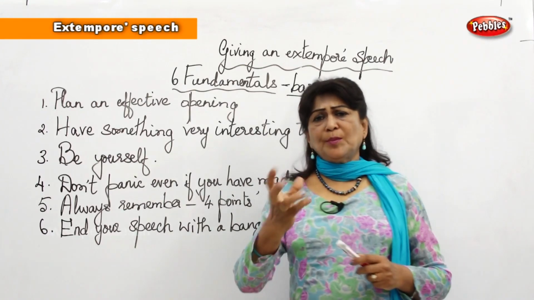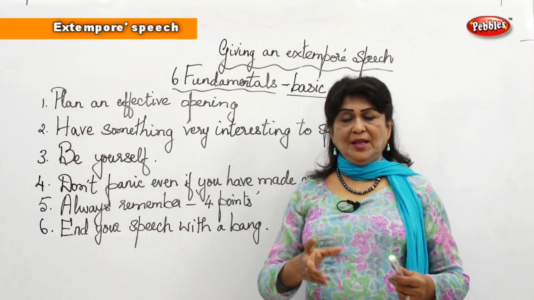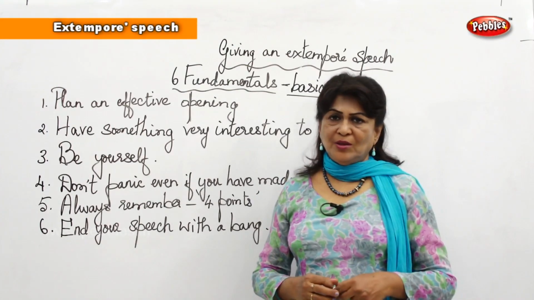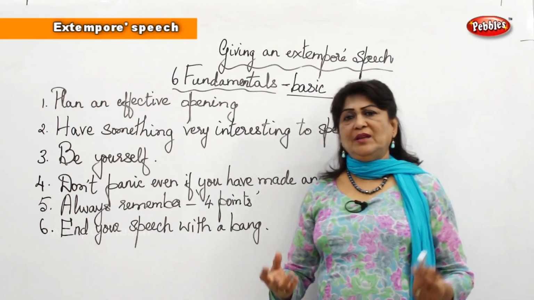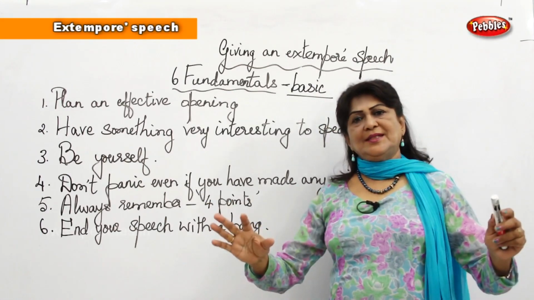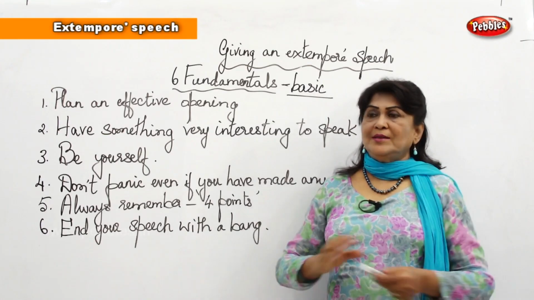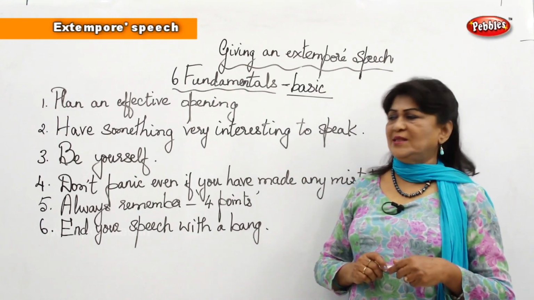So, give some thought provoking statement which makes them think, or give a challenge to the audience, or you can even give some joke, or a quote towards the end, and just when they want you to go on and on, then you say thank you and you can come out of the stage.